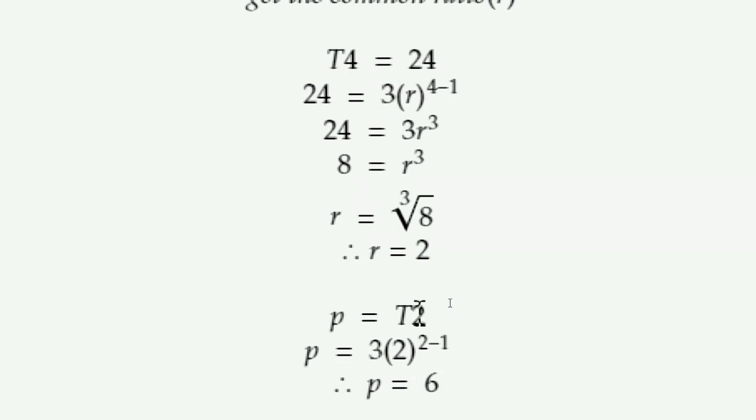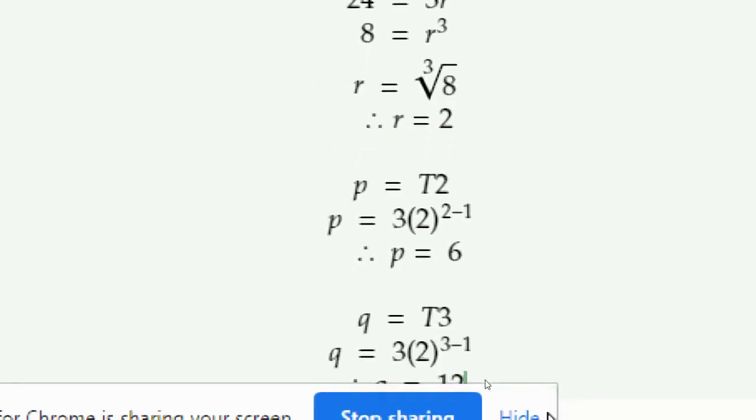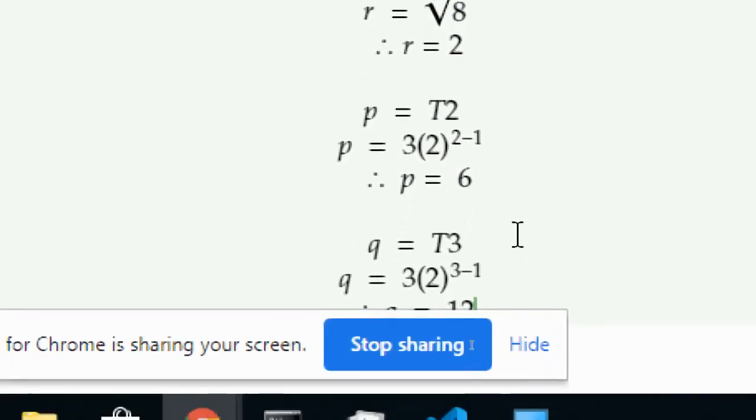Since it's T2, n is equal to 2. Therefore P will be equal to 6. You don't need even a calculator there, because it will be 2 minus 1, which is 1, then 2 to the power 1 is just 2, then 2 times 3 is just 6. You know that, hopefully.